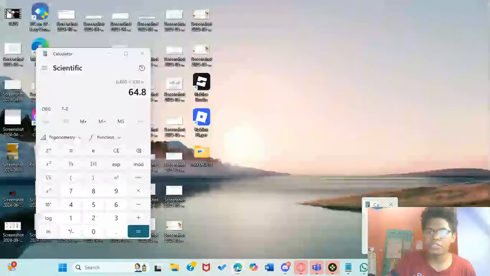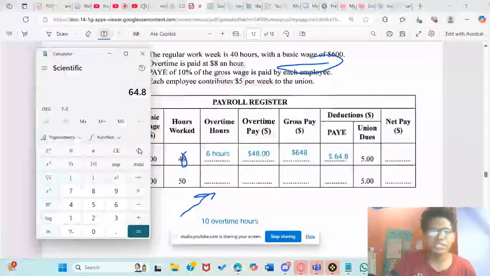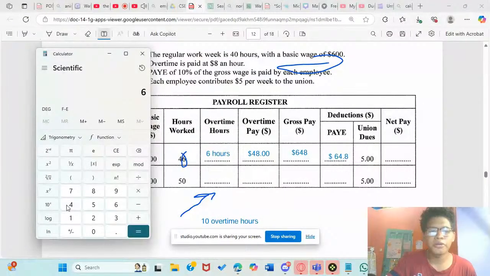Just put this calculator back on the screen so you guys can see what's going on.